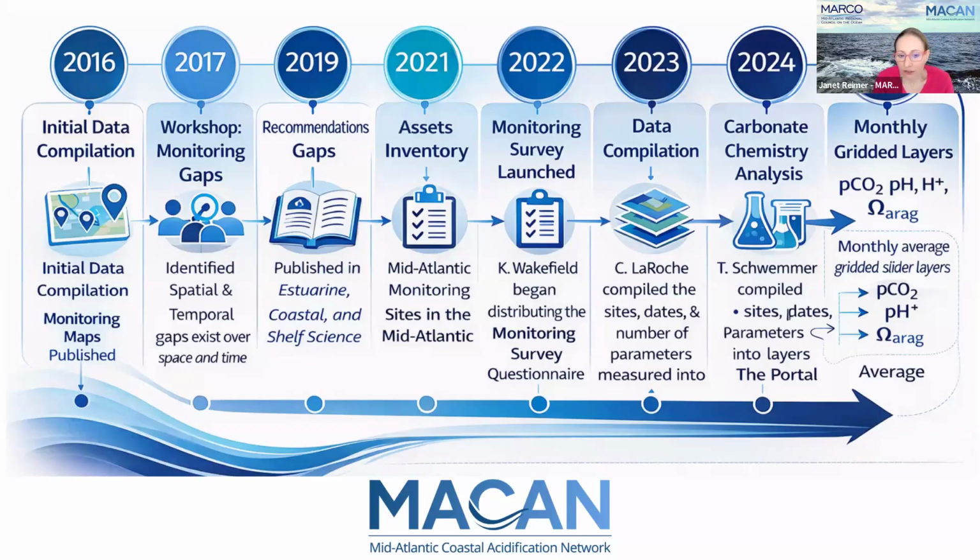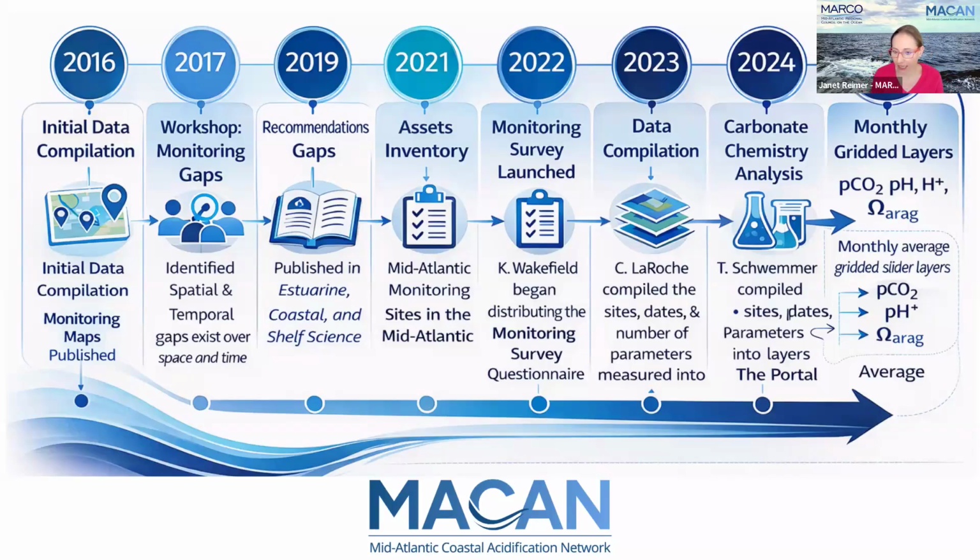In 2021, we started putting together what we call our assets inventory, and that was a huge outreach effort that Kirsten Wakefield, who was a former MACAN Co-Coordinator, did pick up in 2022 and took on, literally reaching out to all of the different researchers and state agencies and local planning offices throughout New York, New Jersey, Maryland, Delaware, and Virginia to understand who was monitoring in what exact location.